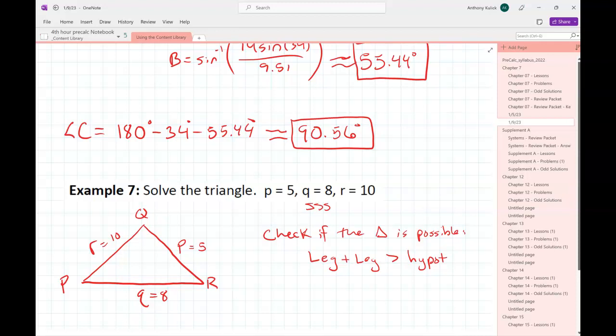It's that the sum of the two legs has to be greater than the hypotenuse. How can I tell what the hypotenuse is? It's the biggest number. So 5 plus 8 is bigger than 10, so this problem is possible. Everybody's okay with that?